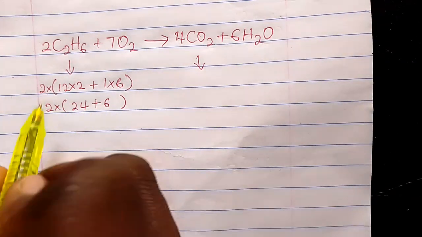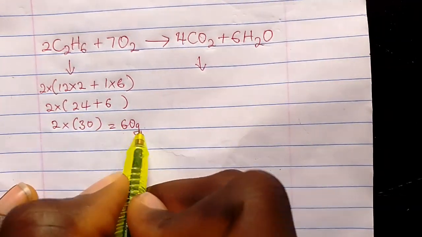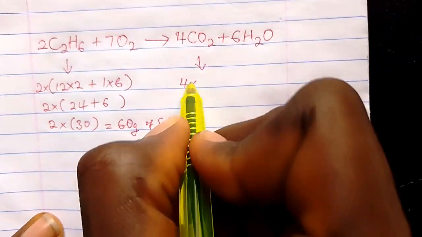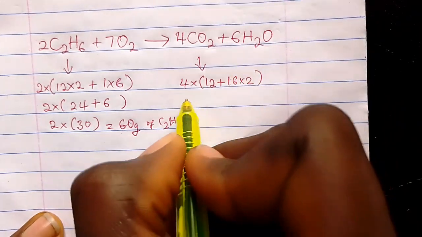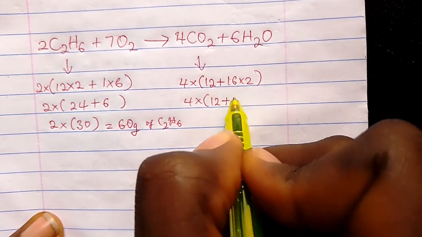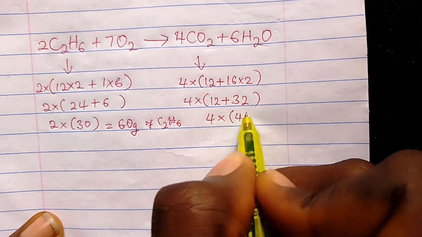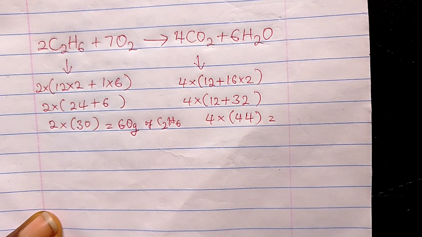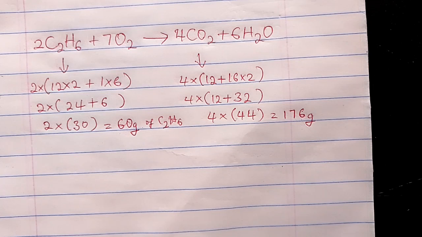So when we are done with that calculation, we'll have our total mass as 60 grams of ethane. Now I multiply that of carbon dioxide by 4 too, since it's 4 moles of carbon dioxide. So I'll use that to calculate the total mass of carbon dioxide that is formed from this 60 grams of ethane, which will give me the mass of carbon dioxide formed. So this is 176 grams.